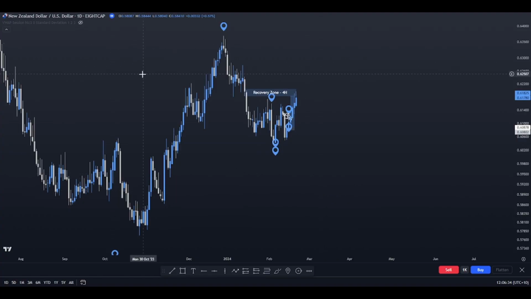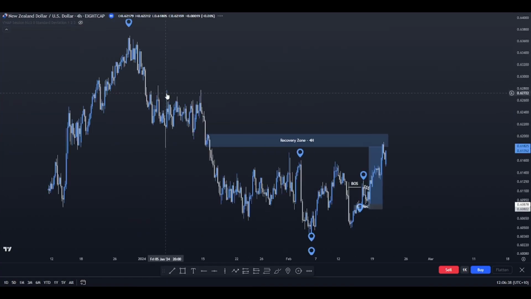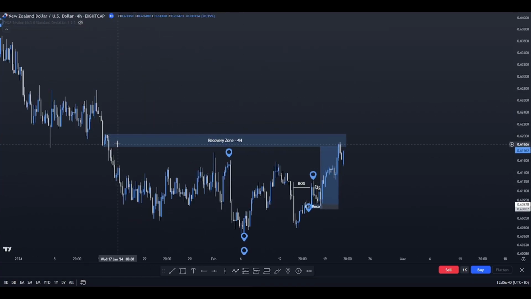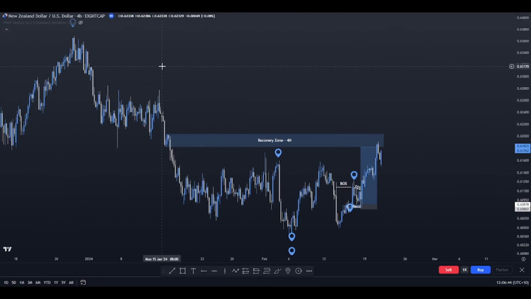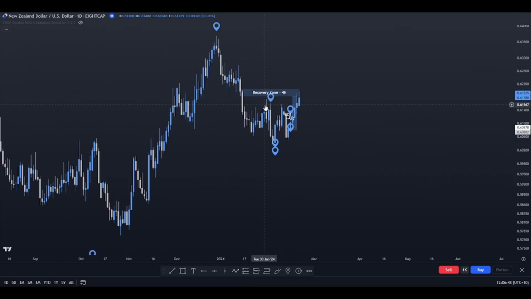So moving on to the 4-hour time frame, I had marked out this above recovery zone, above all of this liquidity here. If we quickly go back to the daily time frame, because I forgot to show you that price looked pretty disgusting in there. Obviously you can see that there's quite a bit of liquidity in there.